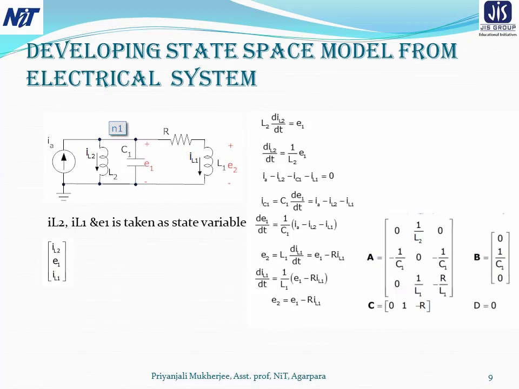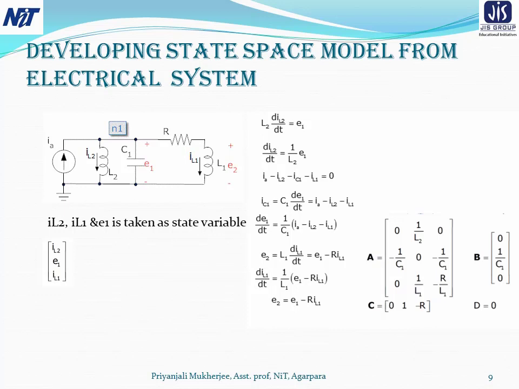So we have found these three equations. One is dIL2/dt, where IL2 is the state variable, then dE1/dt, where E1 is the state variable, and third is dIL1/dt, where IL1 is the state variable.